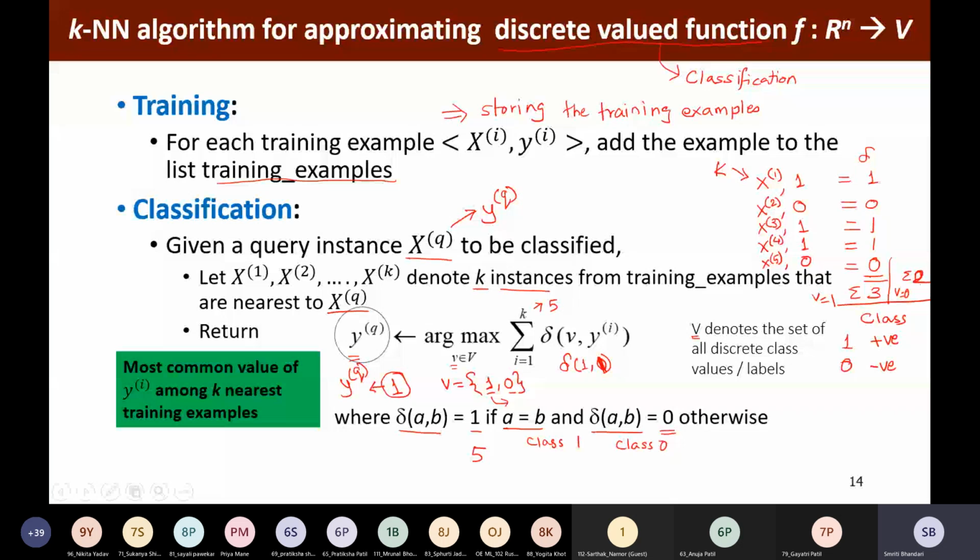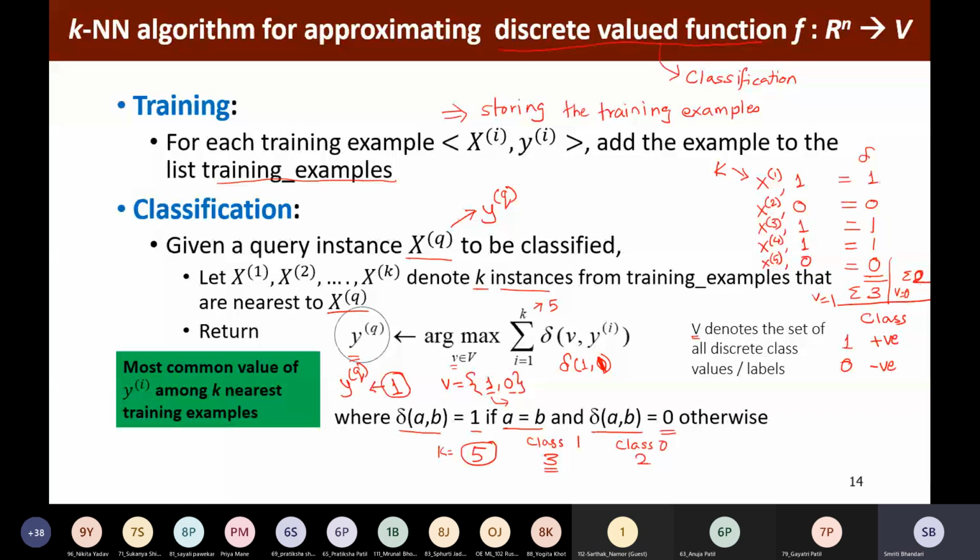So in our case, 3 samples belong to class 1 and 2 samples belong to class 0 out of the 5 closest samples, because my k is 5. Right? So 3 samples belong to class 1 and 3 is greater than 2. So the majority is class 1, and that is why we are predicting yq as class 1.